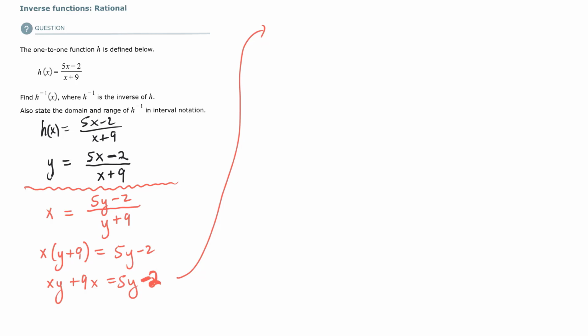I think I'm going to have 9x plus 2 on the left-hand side of the equation. And on the right-hand side, I'm going to get 5y minus an xy. 9x plus 2 is equal to y times 5 minus x.